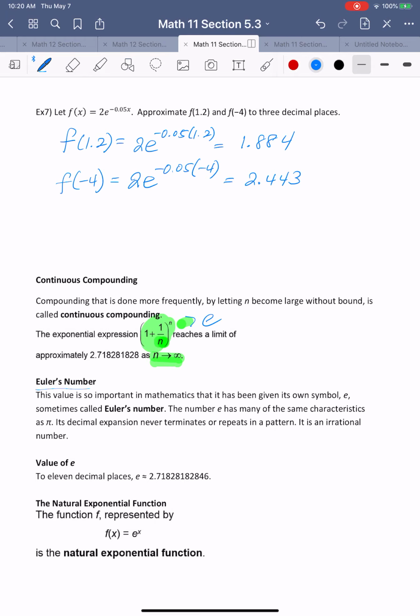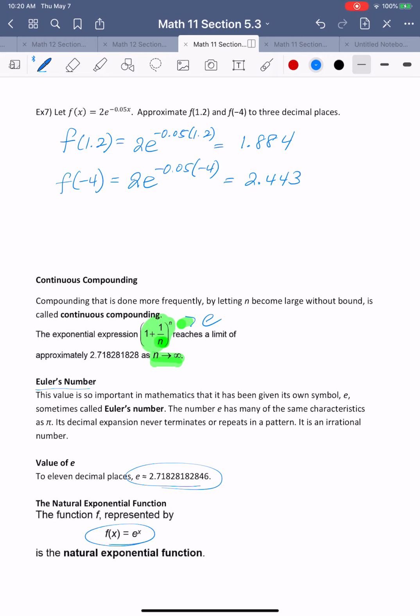In mathematics it is given the symbol e, sometimes called the Euler number. The number e has many of the same characteristics as pi. Its decimal expansion never terminates or repeats in a pattern, so it is an irrational number. The value of e is approximately this much, but your calculator already has that, so you don't have to find it. So we have to use a natural exponential function. So the base now becomes e.